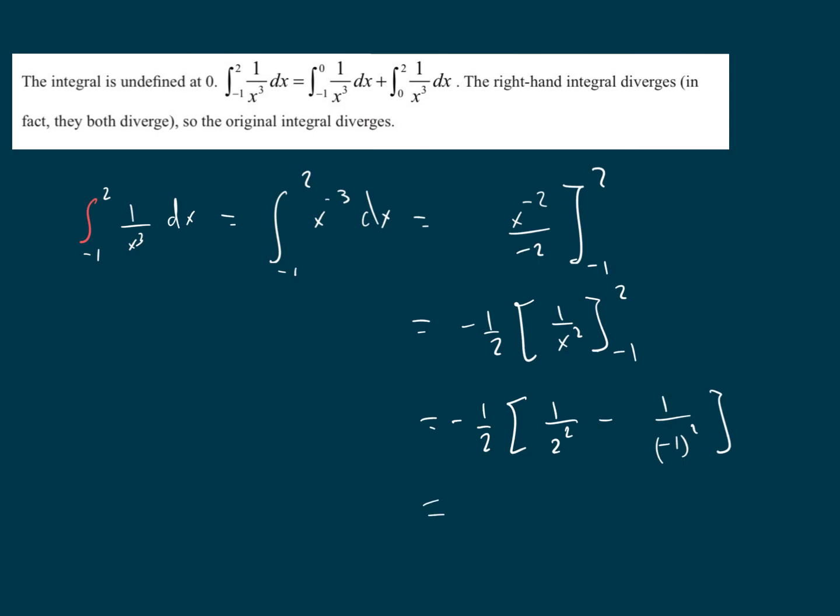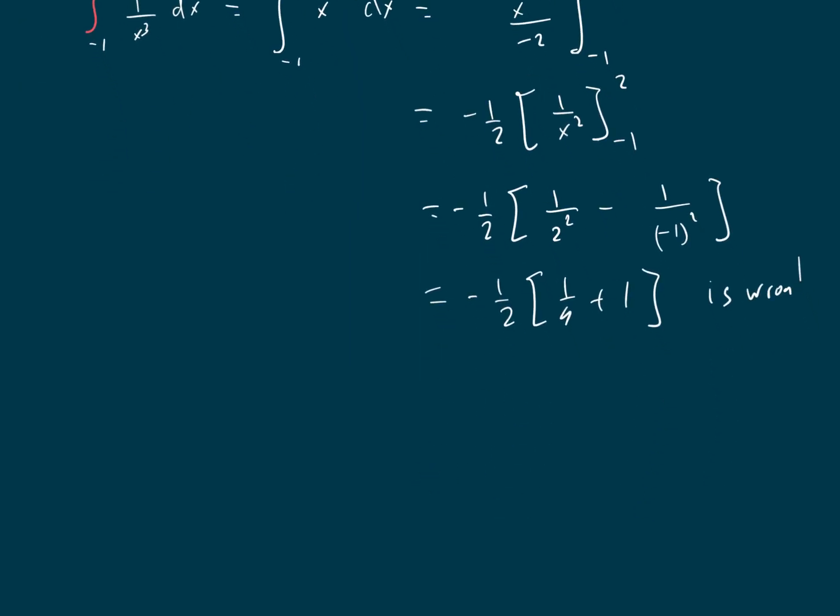So you will say that this integral converges and the amount of area is 1/4 minus minus plus 1. Well, this is wrong. Why is it wrong? The problem here is that 1 divided by x cubed is a function that does this, it is not defined at 0. At 0 it is not defined because you cannot divide by 0.